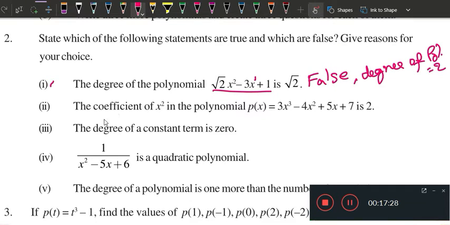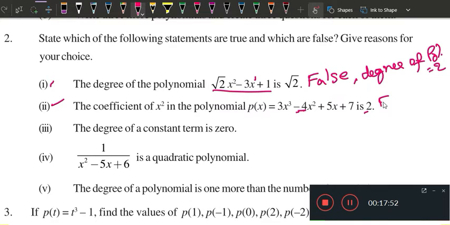Next, second question. Coefficient of x square in the polynomial. See, now only we discussed the coefficient of x square. Where is x square? This is x square. What is the coefficient of x square? Minus 4. So here they have written the coefficient of x square is 2. Is it right or false? Yes, false.